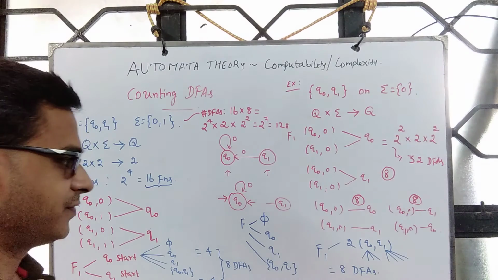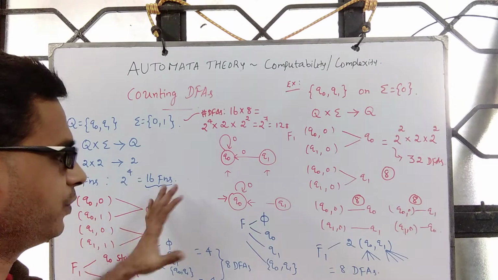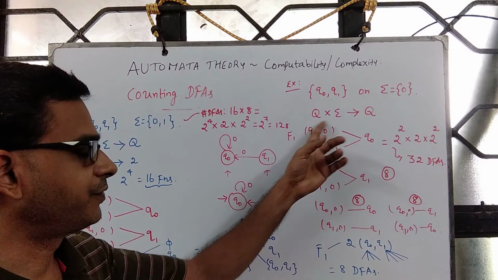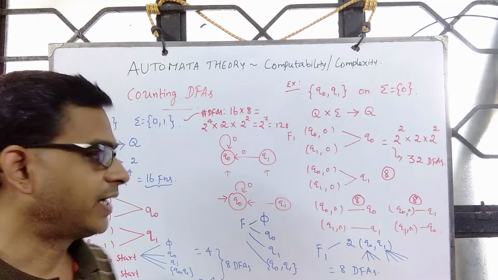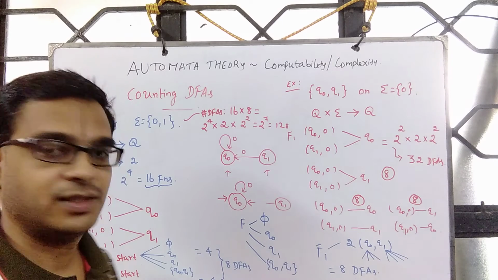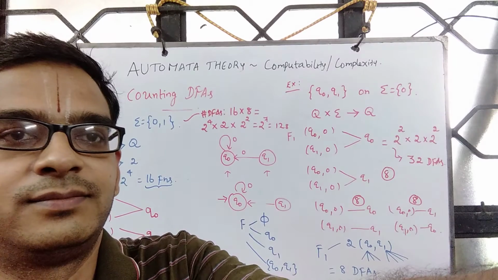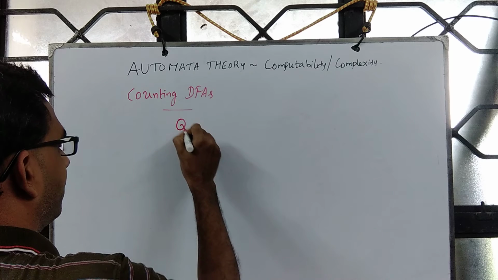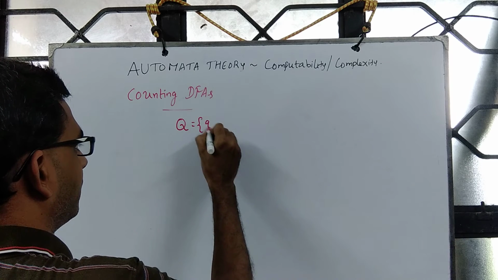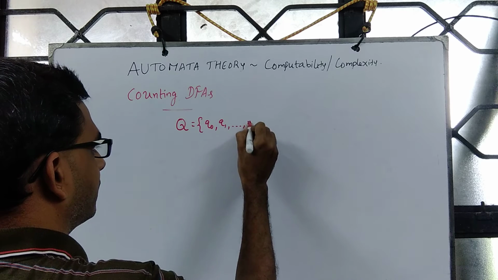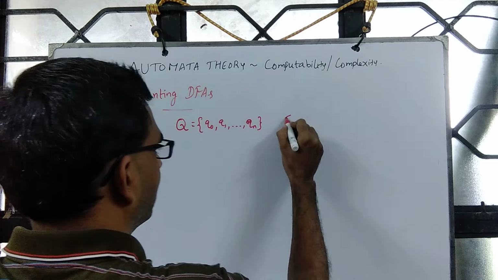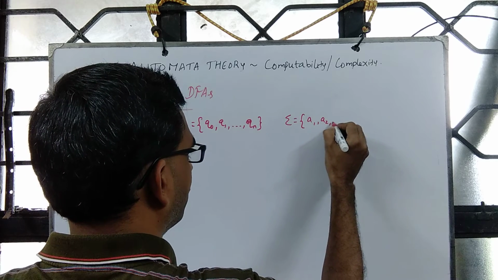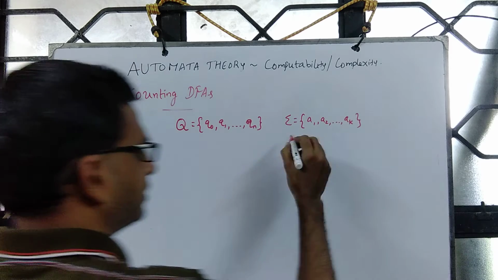Okay, so now that we have seen the picture with respect to 2 examples, let's look at the count for arbitrary values of Q and sigma, and with that what count we get, let's discuss. So now given Q, a set of states, say q0, q1 and say qn, and sigma consists of some symbols, let me say a1, a2, ak, not necessarily 0, 1.